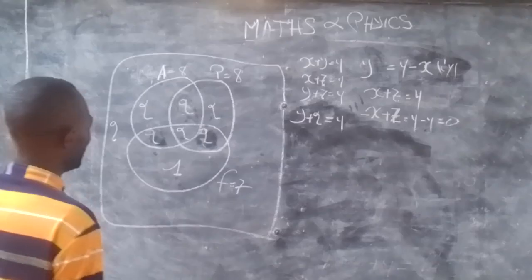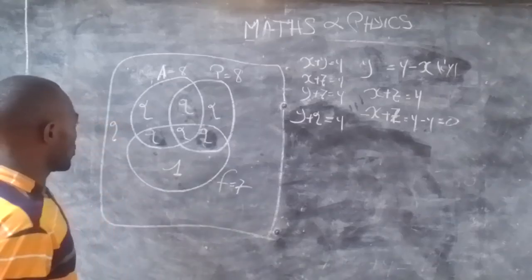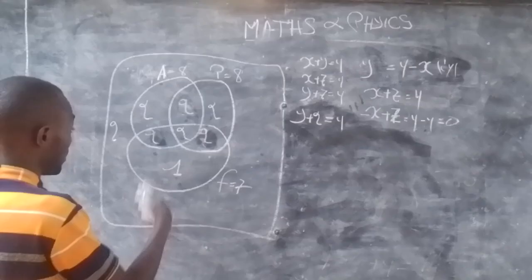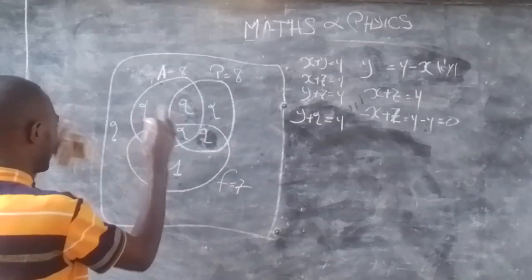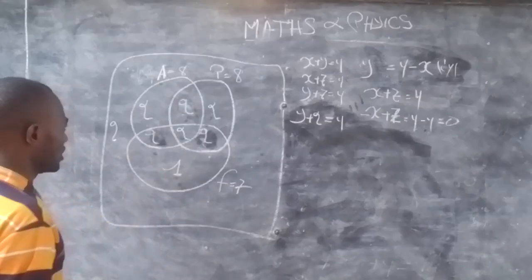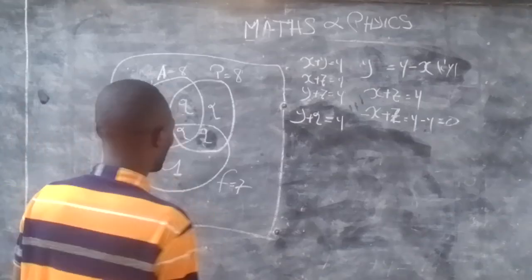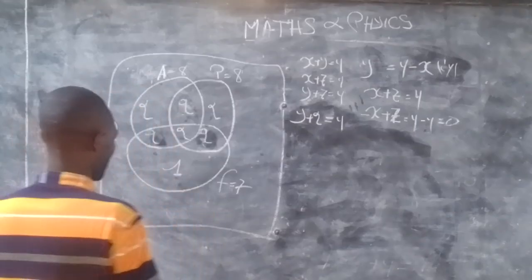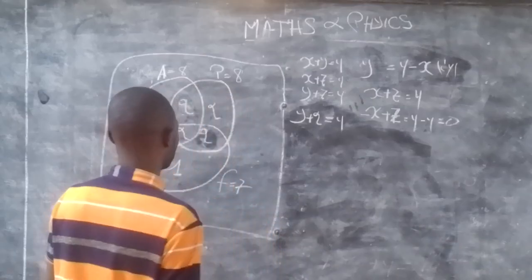By using the Venn diagram, this is how the information, some unknowns and knowns, must be represented using the diagram. So let's find the total number which contains the board.